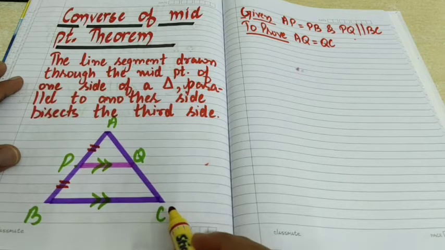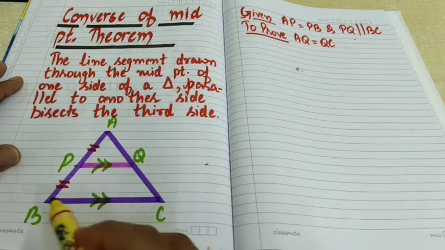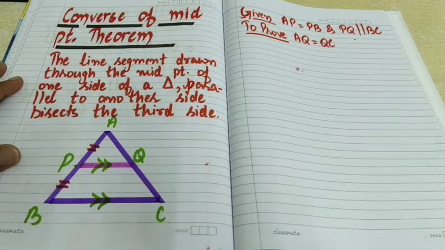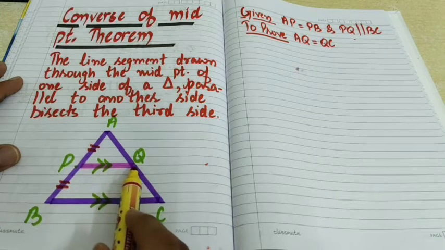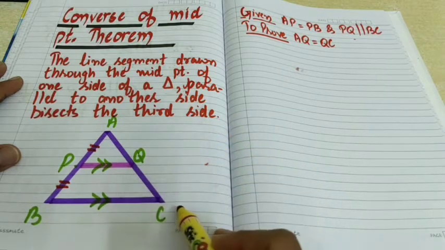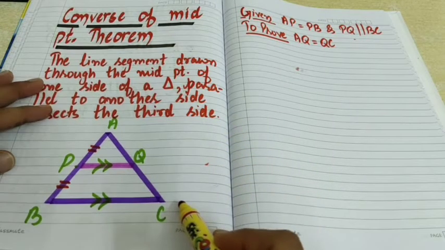Through point C, we will draw a line parallel to BA, and then we will produce PQ to intersect the line which is parallel to BA.